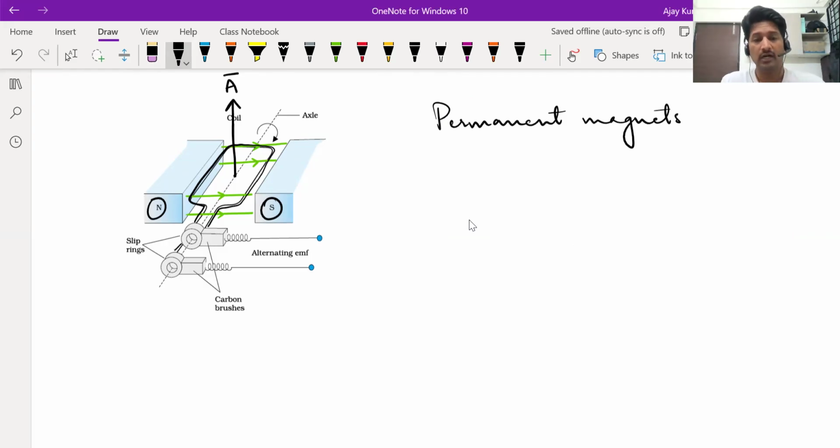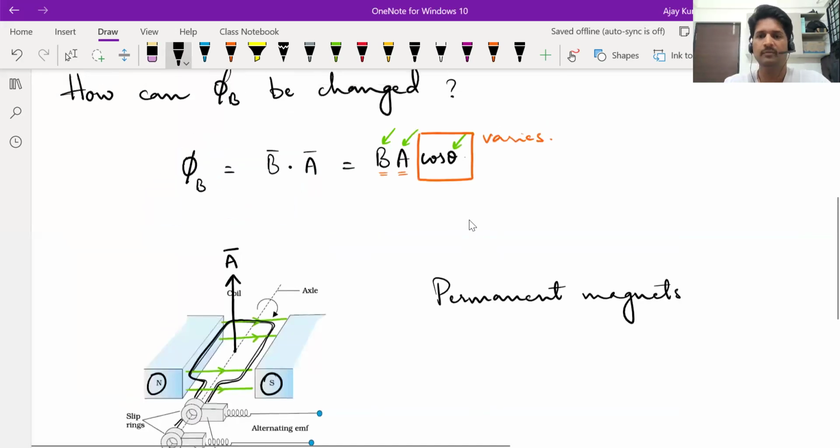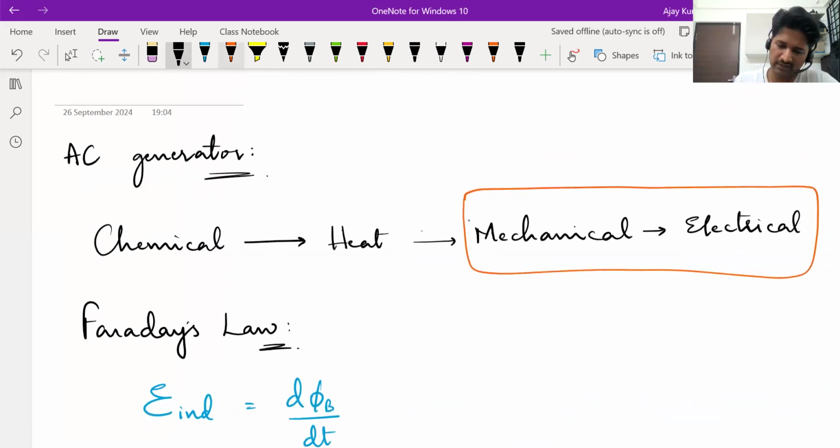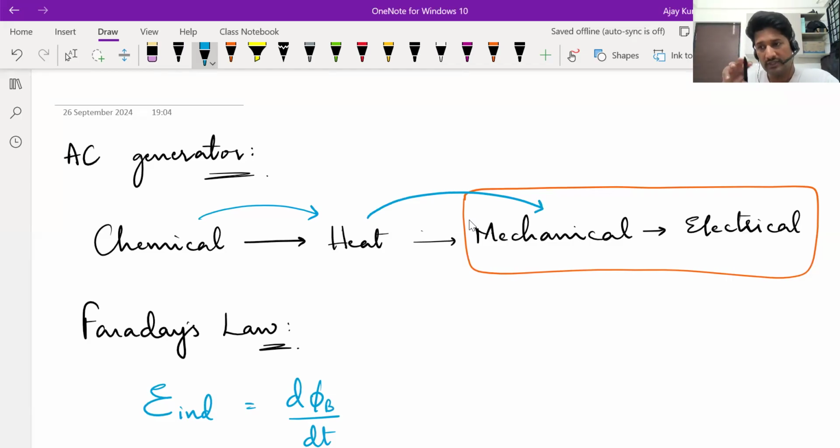What makes the coil rotate? That is where the mechanical energy gets used. The diesel that you give to the generator undergoes combustion and produces heat. How chemical energy is converted to heat energy, you will learn in chemistry. Then the heat that is produced rotates a shaft. The shaft is connected to the coil, so the coil gets rotated by the energy given by the heat.